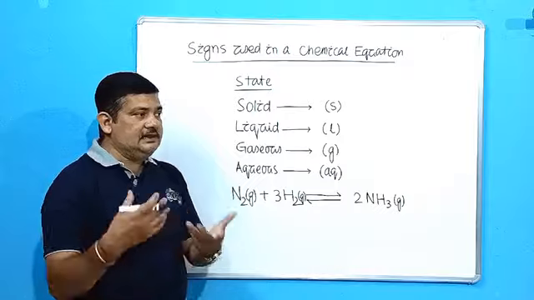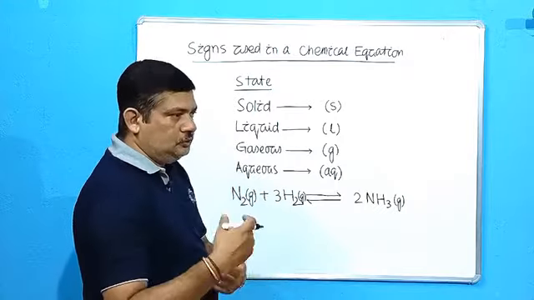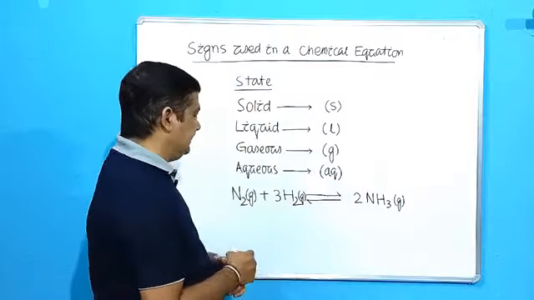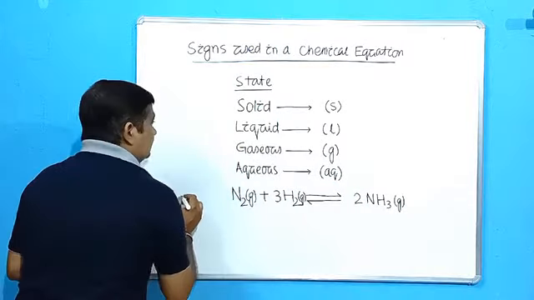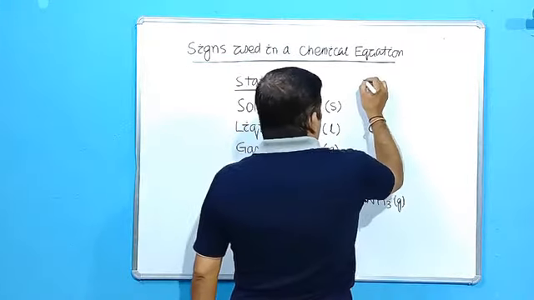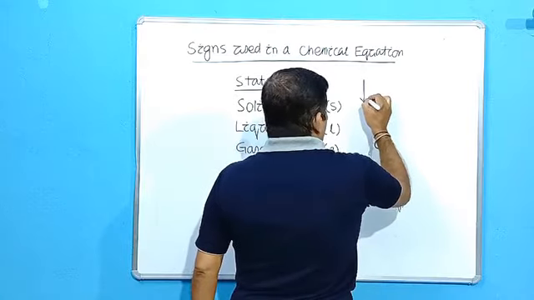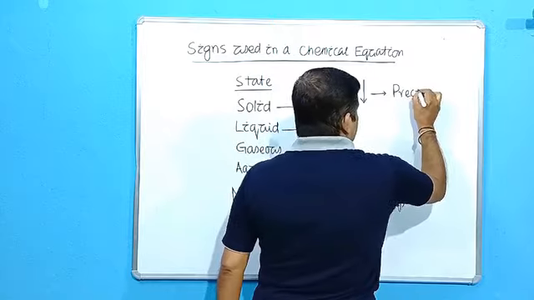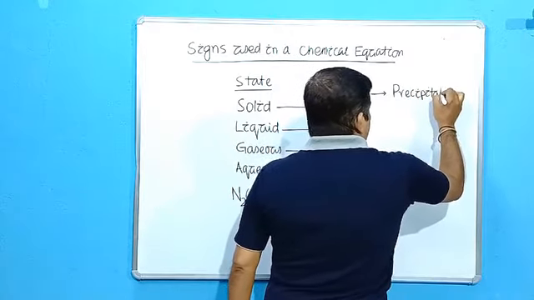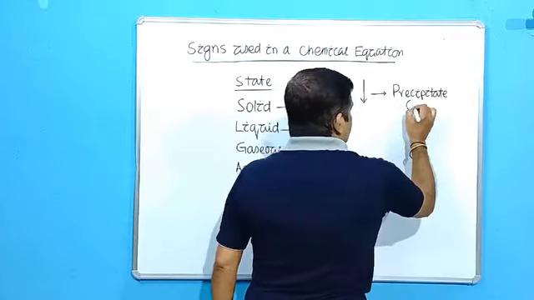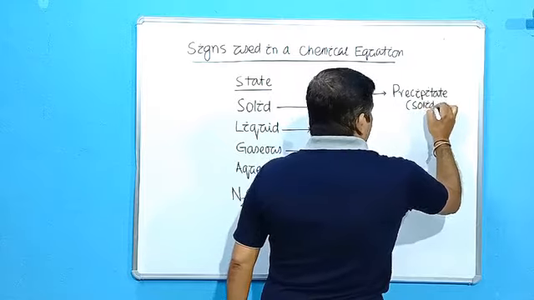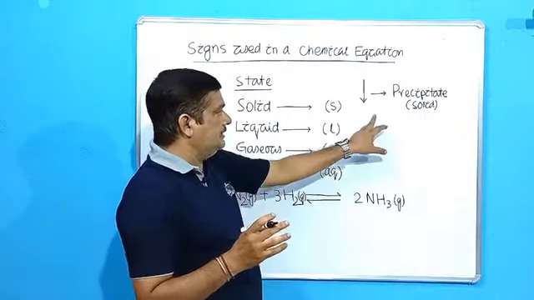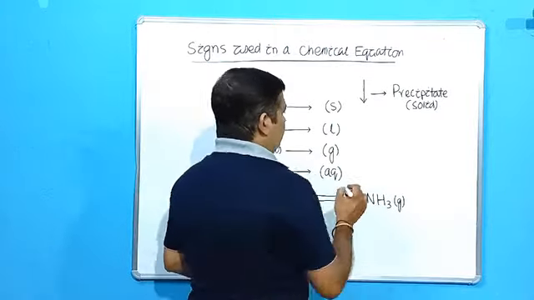So this is how we have to mention the state of the reactants as well as products by using these symbols. Then in the old methodology, arrows were also used to depict gases and precipitates. When there is a downward arrow, it means a precipitate is formed. A precipitate is a solid. So when a downward arrow is marked against a product, it means a precipitate has been formed.